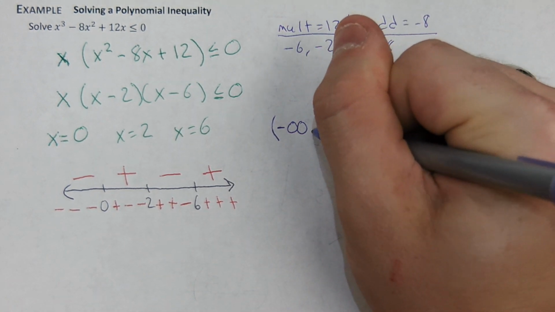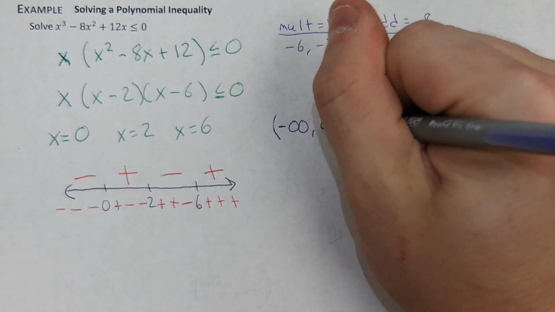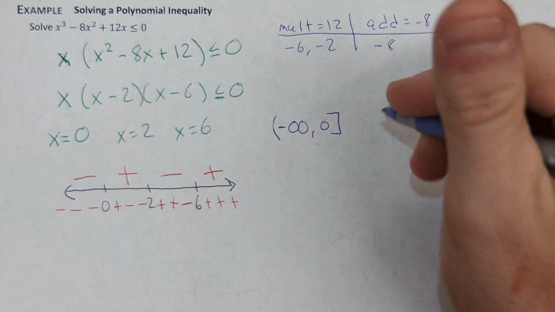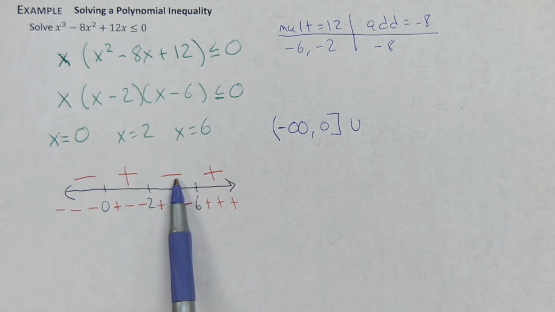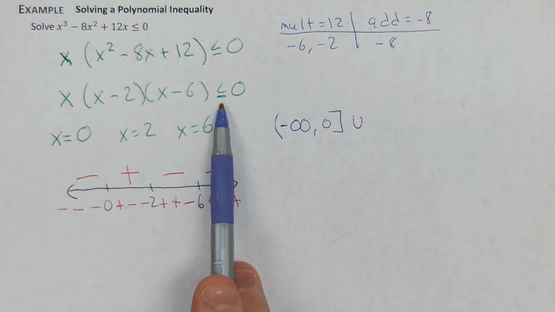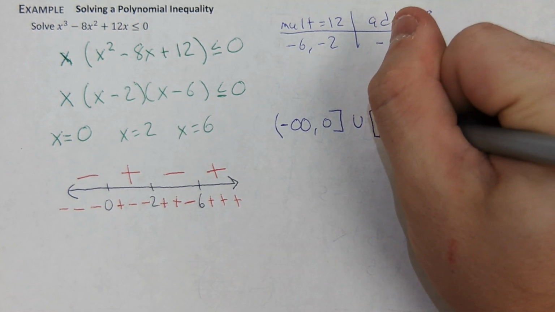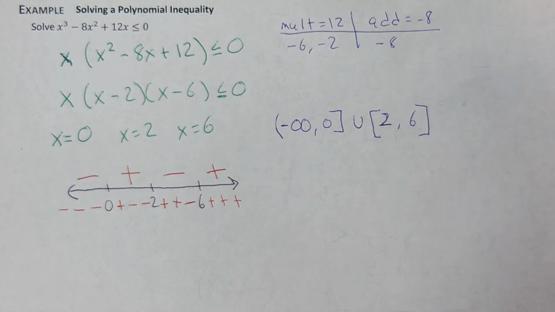They will never stop. Coming all the way up to the value of 0, bracket because included, the equal to bar. Union, hop over to your next set. Your next set of negative numbers happens between 2 and 6. And again, because equal to bar, they are both included. And that's all she wrote.